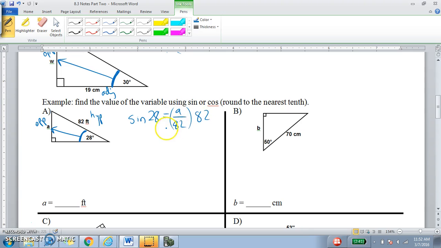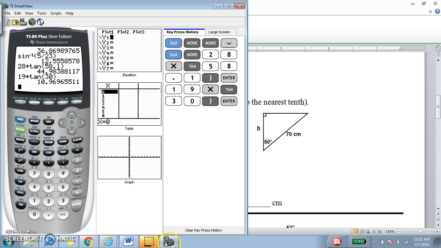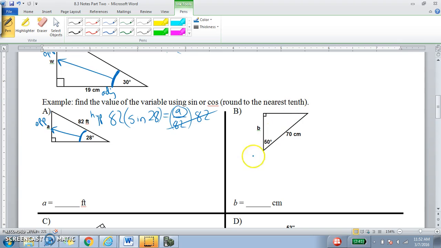Again, just like we did for the last ones, we would multiply by 82 on both sides to get the A by itself. So in my calculator, I type in 82 times sine 28. I get 38.49, so rounding to the nearest tenth, that would be 38.5.